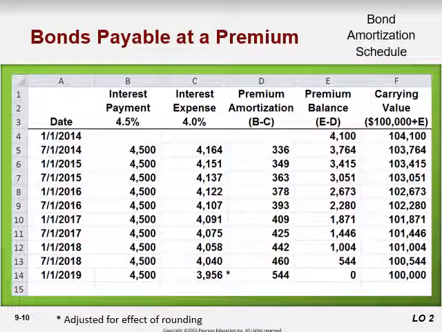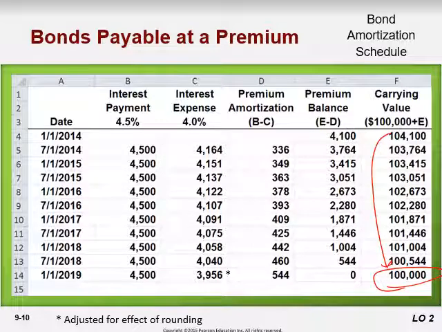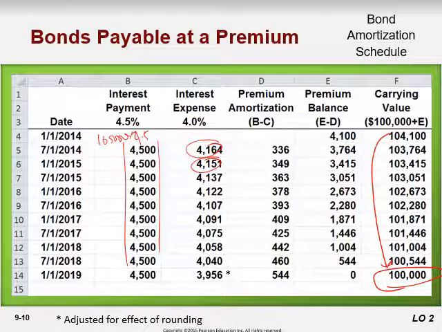So at the end of the maturity year, the value of the bond has to decrease to face value. In case of discount, it will increase to face value. In case of premium, it will decrease to face value. So 4,500 came from multiplying this 100,000 with 4.5%, but these values depend on the book value or the carrying value of the bond.